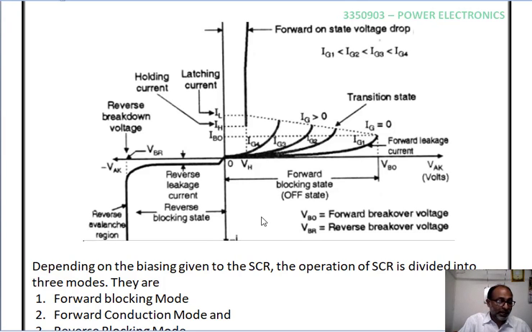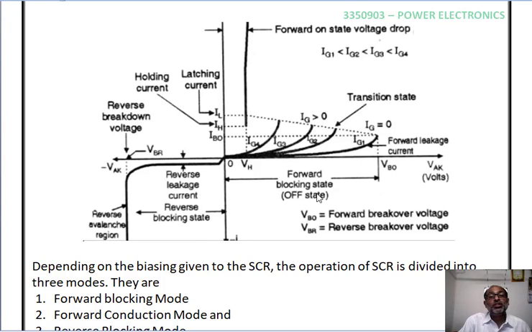So when any one method is used to turn on the SCR, the junction which is reverse biased in the forward blocking stage, this junction J2, due to this forward voltage or gate pulse, avalanche breakdown occurs across the junction J2.